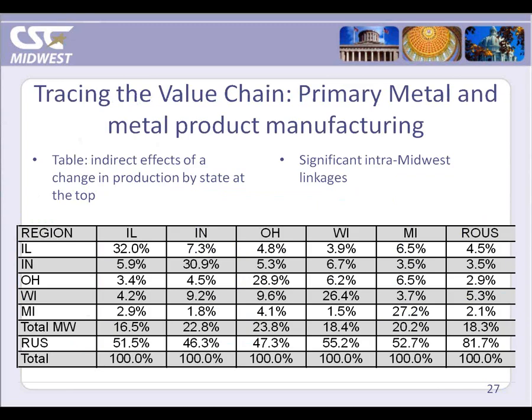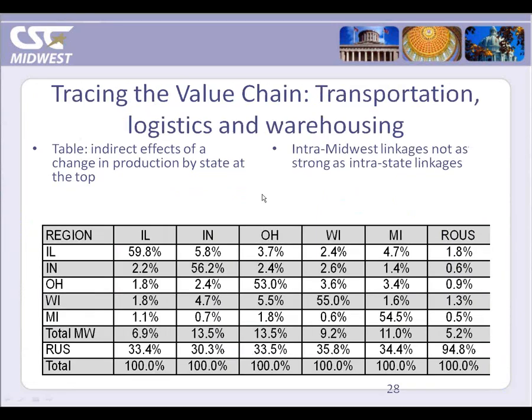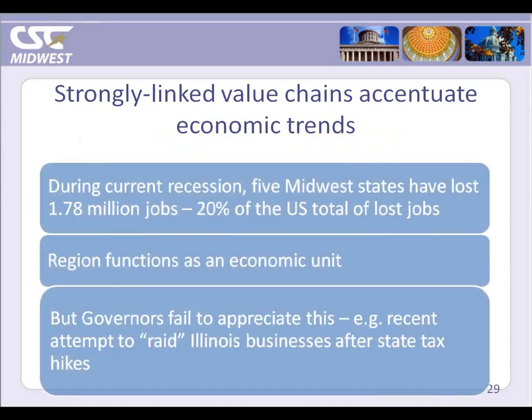The next few slides provide an illustration of a similar type of process in terms of the value chain for the primary metals industry. But in fairness, I want to point out there are some sectors for which the value chain is still very heavily concentrated within individual states, and that's true for something like logistics and warehousing.